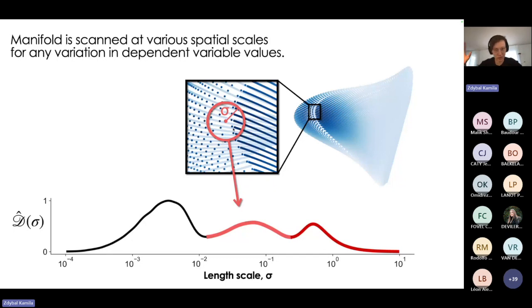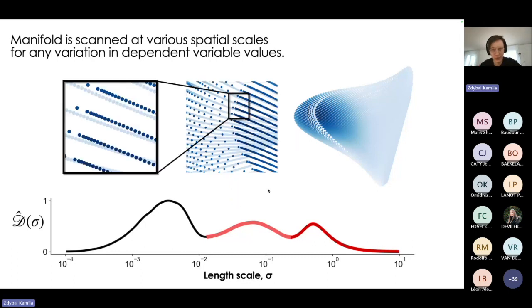But even without the overlap, you would probably still detect some level of variation in that blue variable at those length scales because, for example, if you look at this region over here, there's still some difference in the shade of that blue color over that length scale.